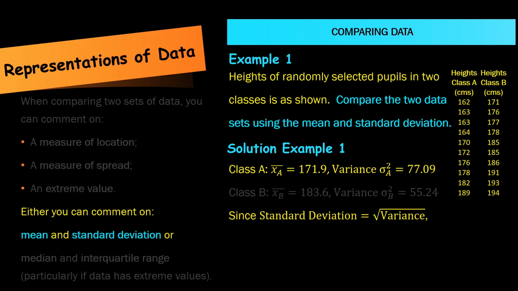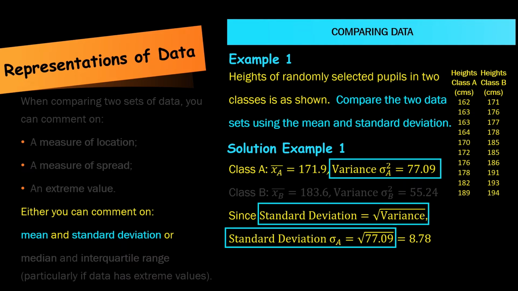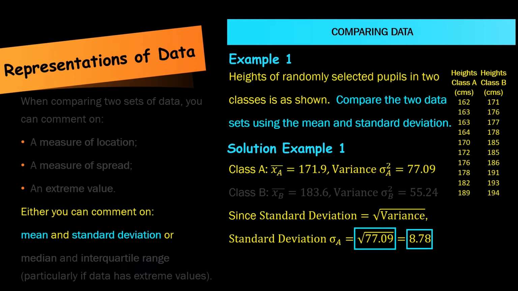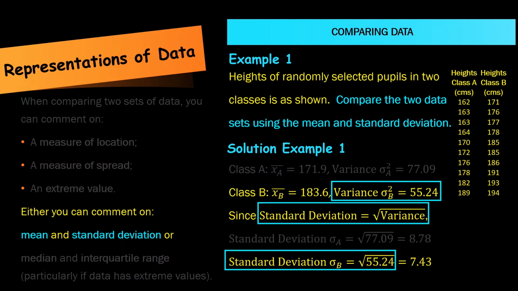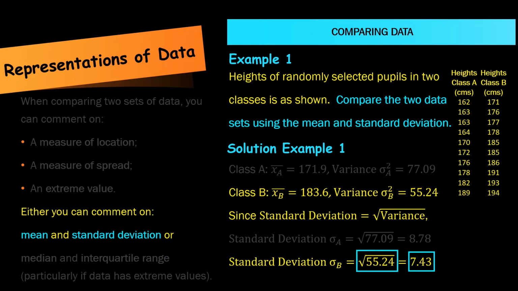And since standard deviation is the square root of variance, we have that the standard deviation for class A is the square root of 77.09, which equals 8.78. And for class B, it's the square root of 55.24 to give 7.43.